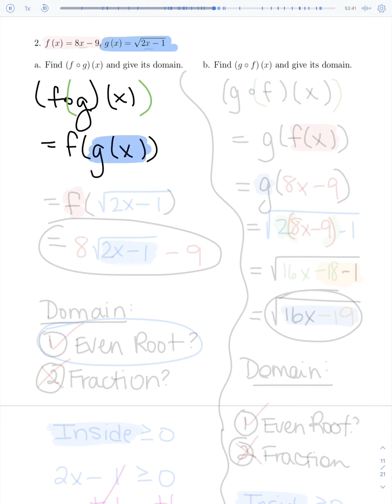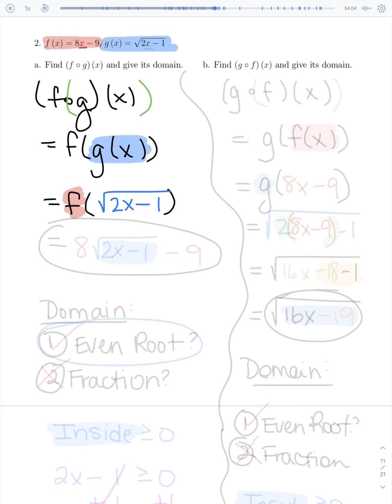Starting our way inside and working our way out. And so we're going to replace our g with what it is, which is the square root of 2x minus 1. And what this means is we're going to go to our function f, and we're going to replace the x with what's inside.